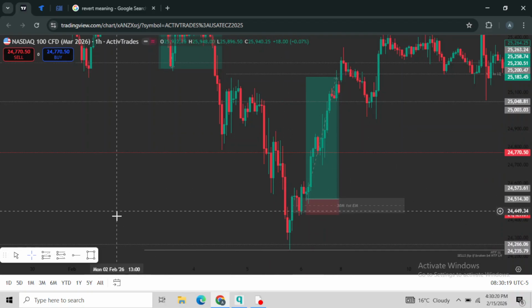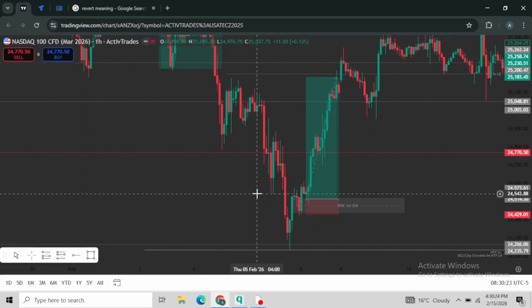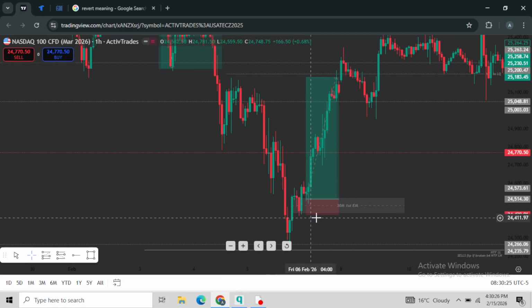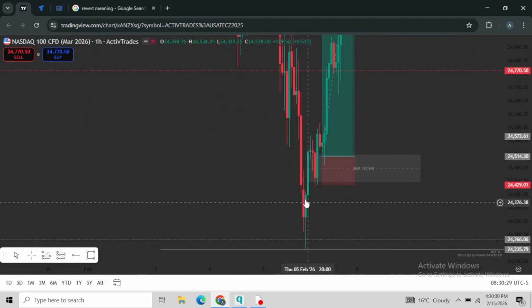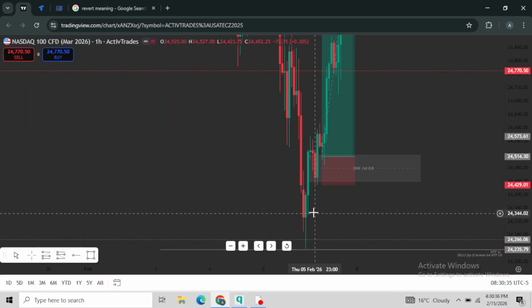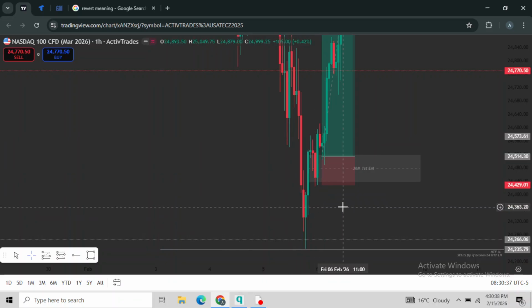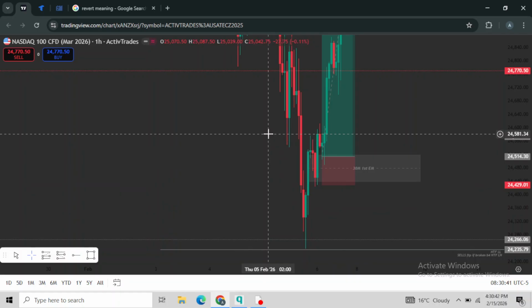So sell side liquidity swept, 1 hour rejected to the upside, and 1 hour made the first presented EM on the 1 hour, retested it on protocol 2 of our strategy, then price closed above the protocol 2, meaning we are in.